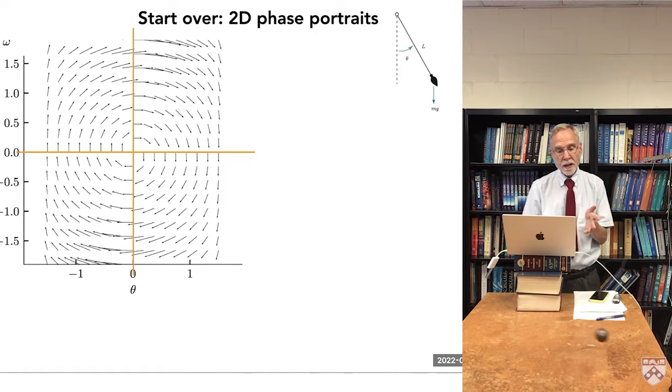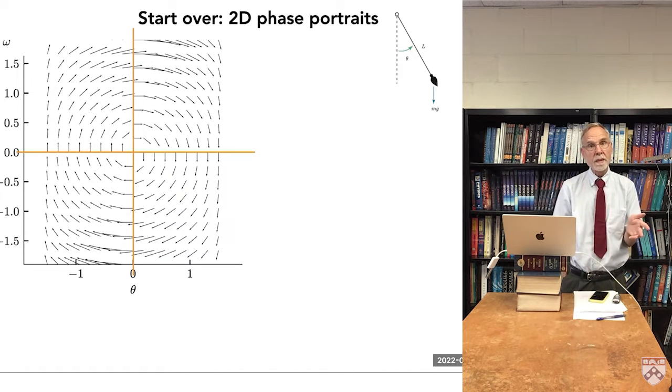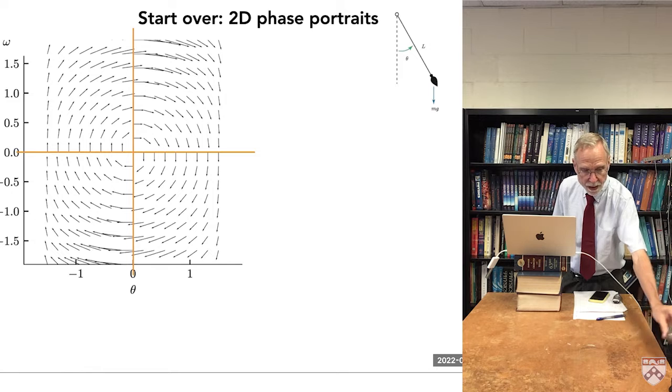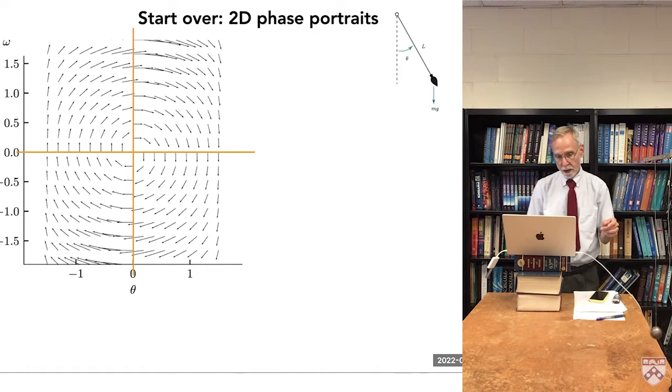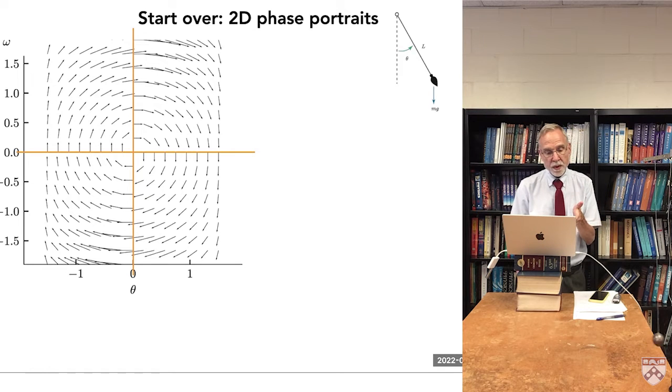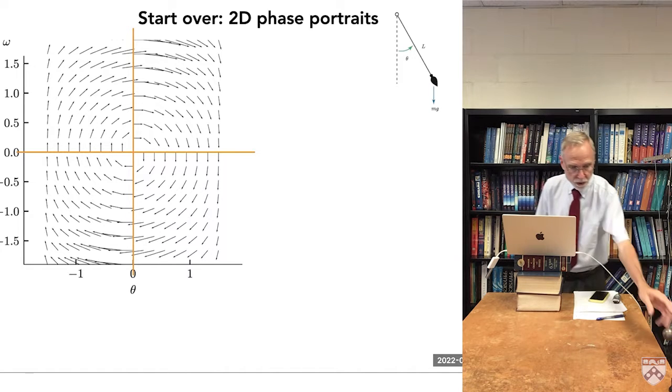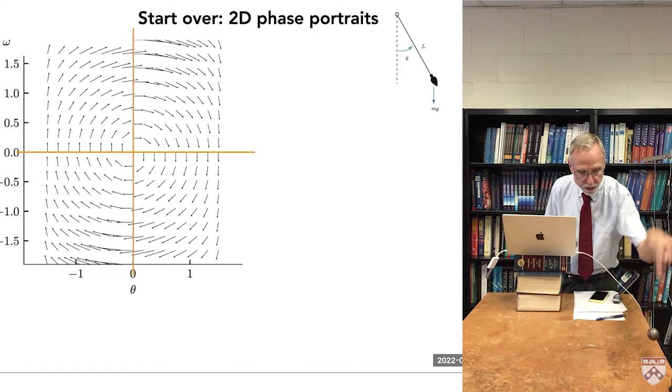And then there's another nullcline, the locus of all the points where omega is not about to change. Omega is not changing down at the bottom of the swing, and that's what I've drawn here. Those are the locus of all the places where the arrows are horizontal, don't have any vertical component. That means that these are places where omega is not changing, no acceleration. Of course, when you're right at the bottom, the force of gravity is pulling straight down.